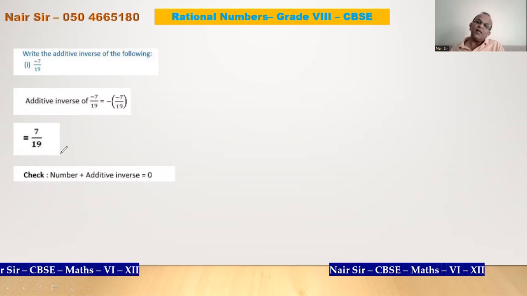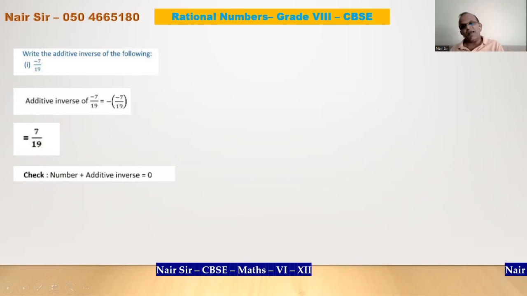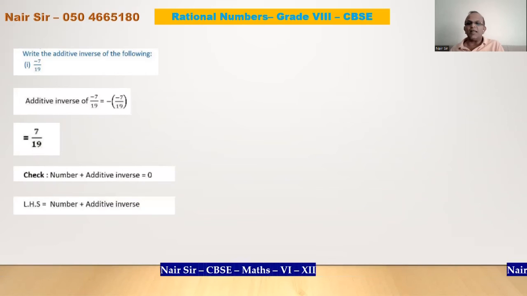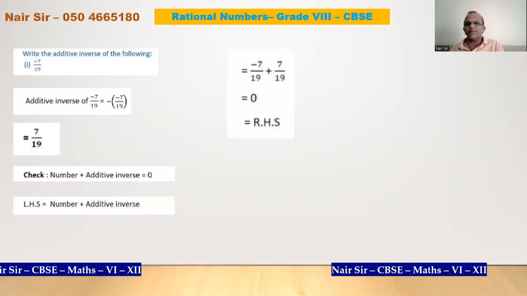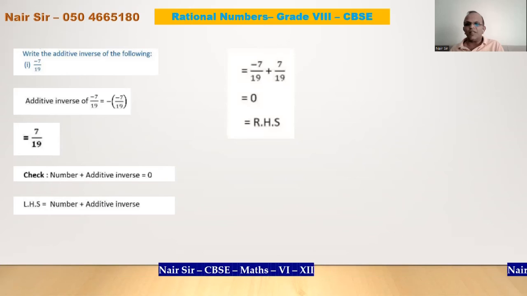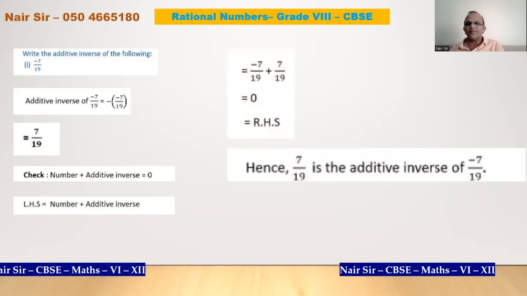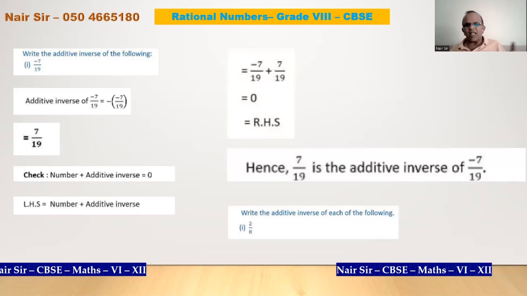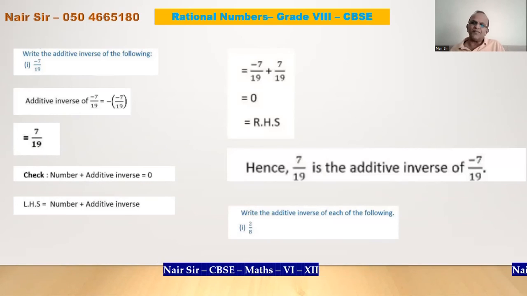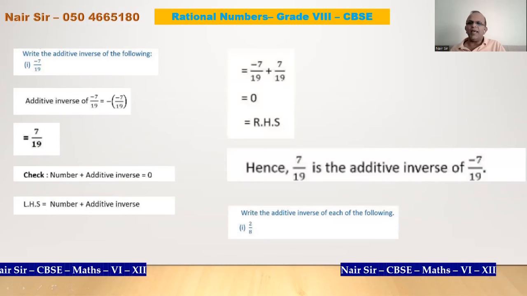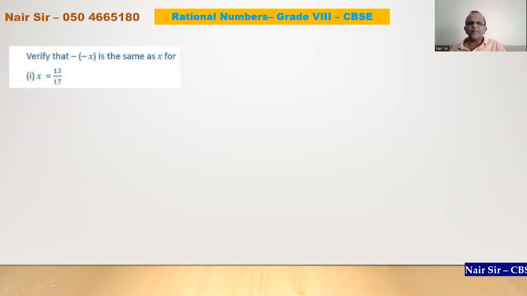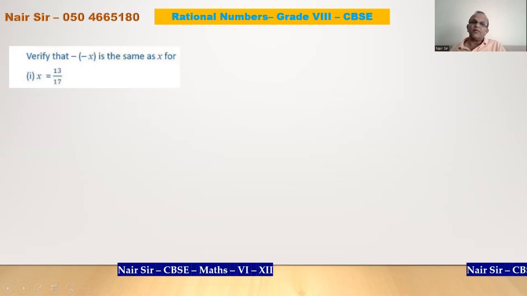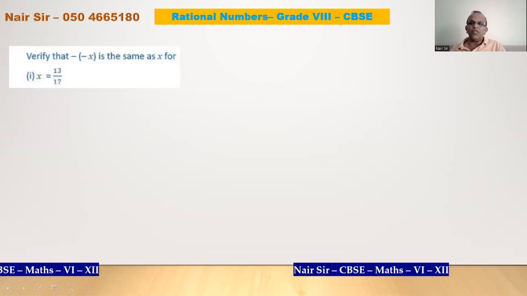I take the number and whatever additive inverse I have got, I will add them and see if the LHS is equal to RHS. Going further, you can solve this. I think without solving it, you can get the answer. Minus 2 by 8. Verify. I will leave this for you kids to do it by yourself.